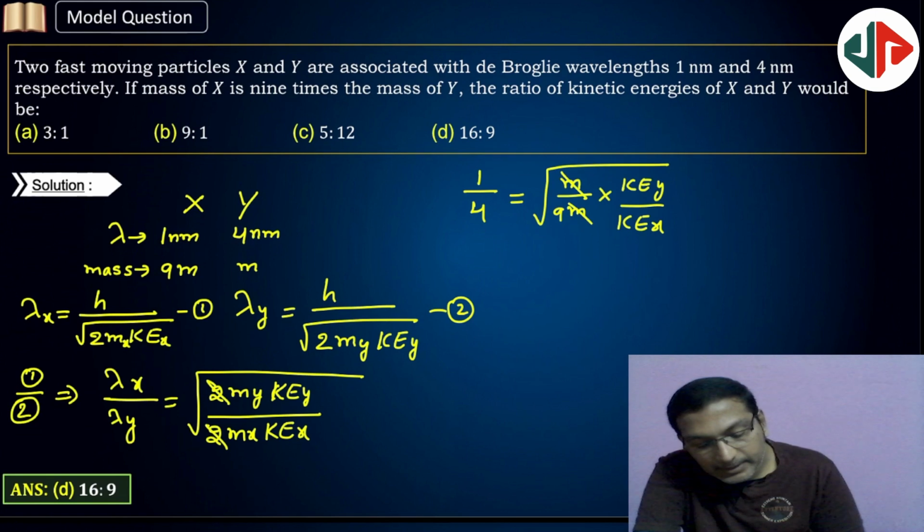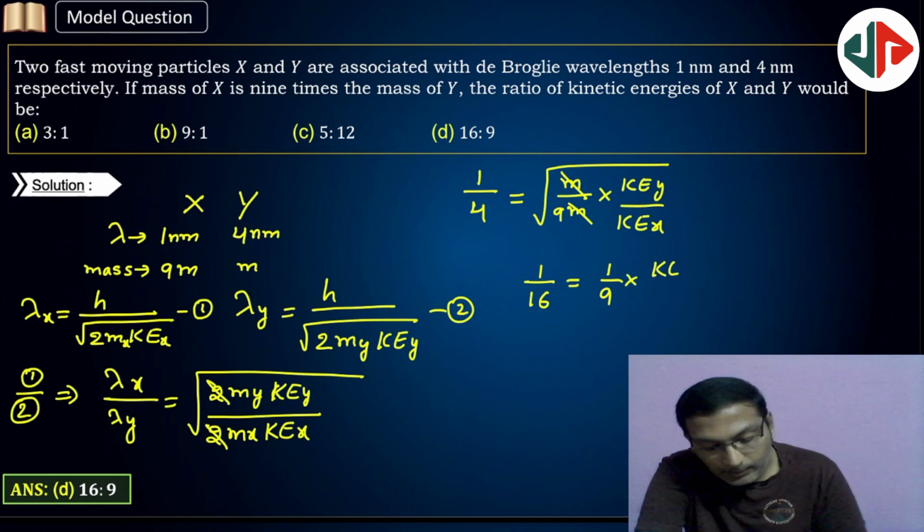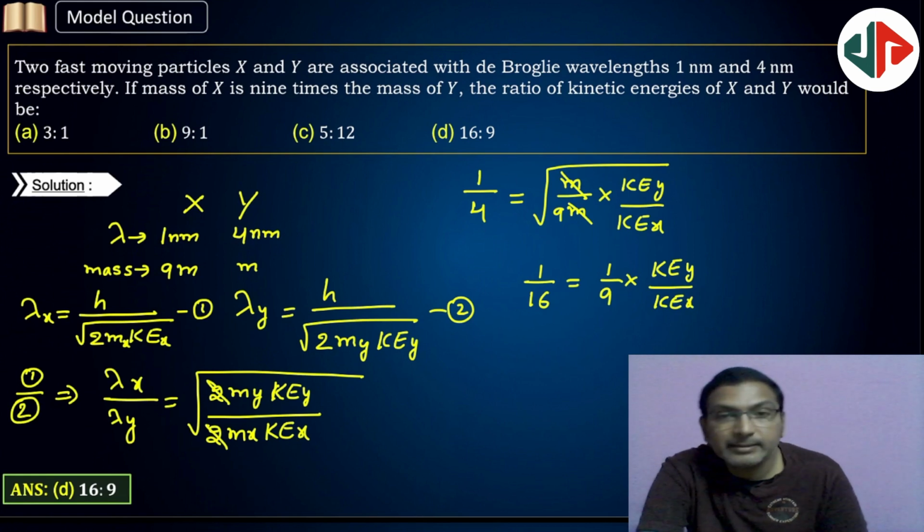So m gets cancelled. Therefore, on squaring, 1 by 16 is equal to 1 by 9 into KEy by KEx.